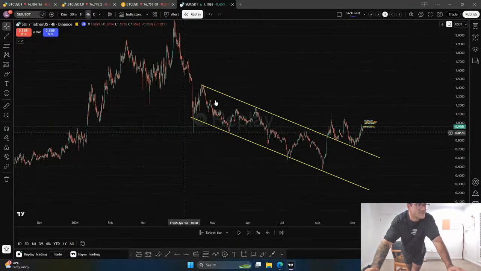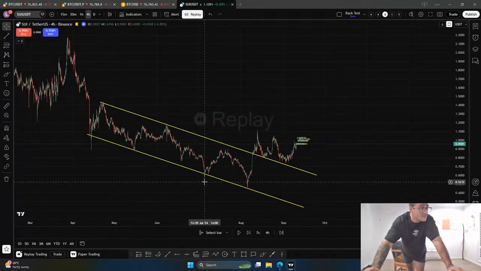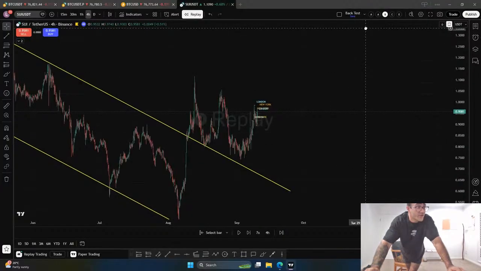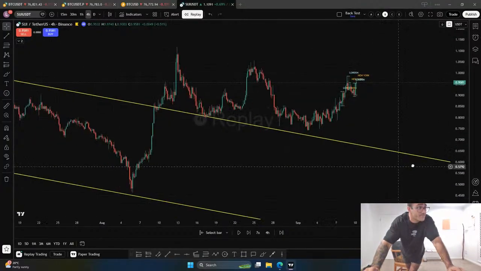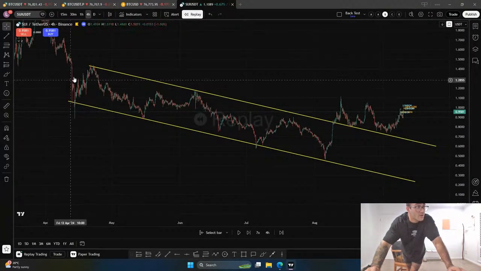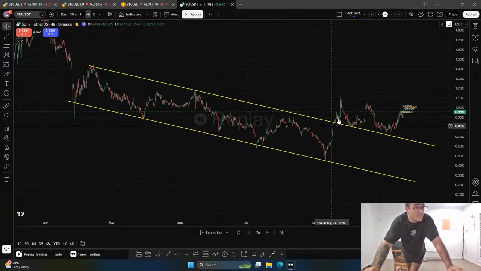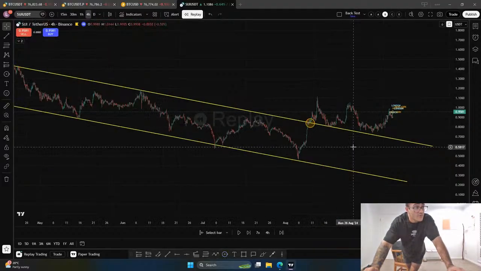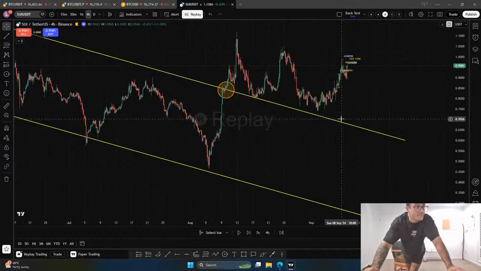What I can instantly see is that we've broken out of this trend on the 4 hour time frame, okay? See this? We've gone bing, bong, bing, bong, broken through that. We've broken through this, okay? Let's put a circle here so we know. We've broken through it. Cool.